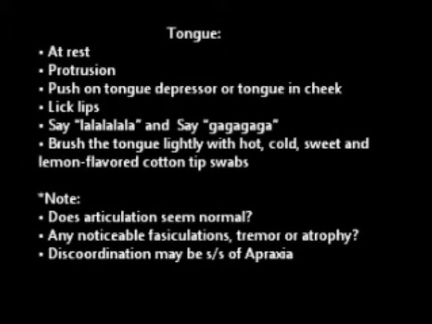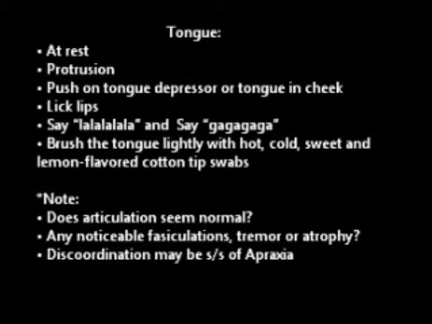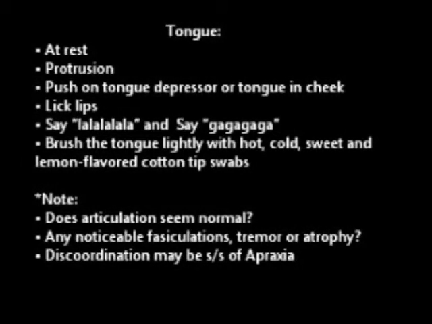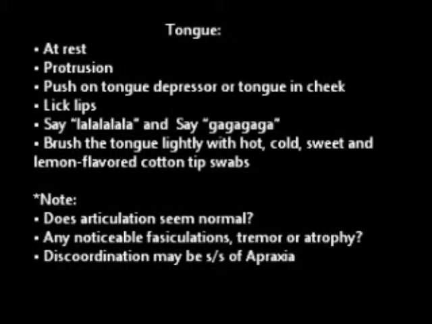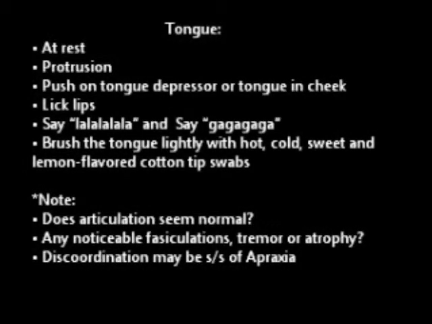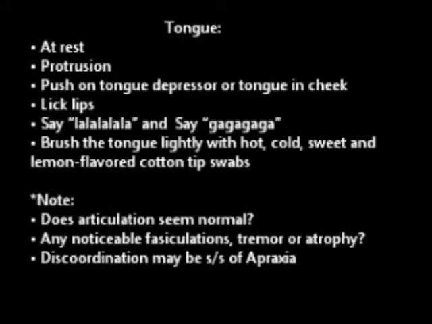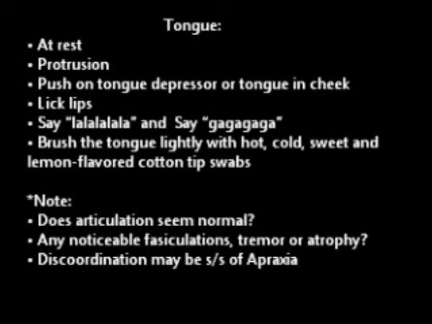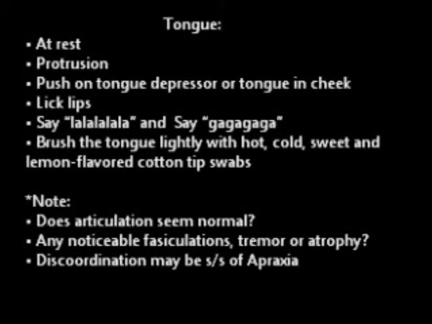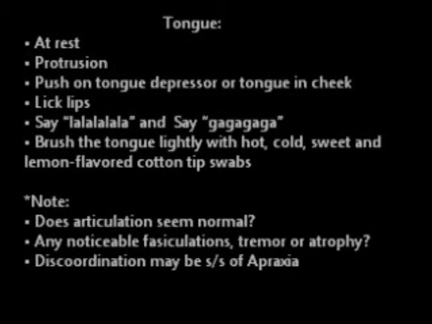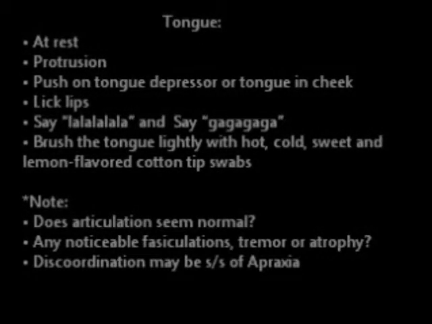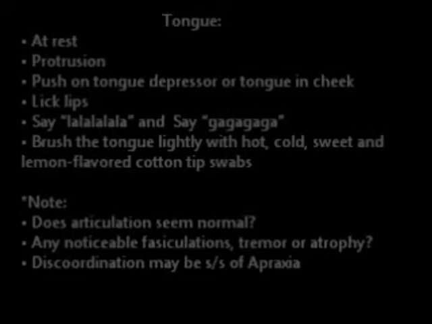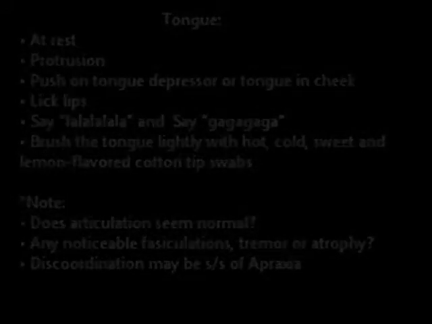And you can also assess sensation by recording their response to various stimuli such as hot, cold, sweet, and lemon-flavored cotton tip swabs. You want to note if their articulation seems normal. Is dysarthria present? Note any noticeable fasciculations, tremor, or atrophy. And again, discoordination may be signs or symptoms of apraxia.